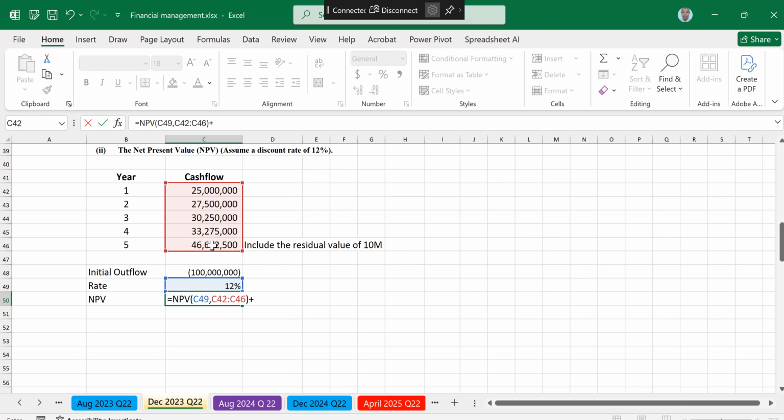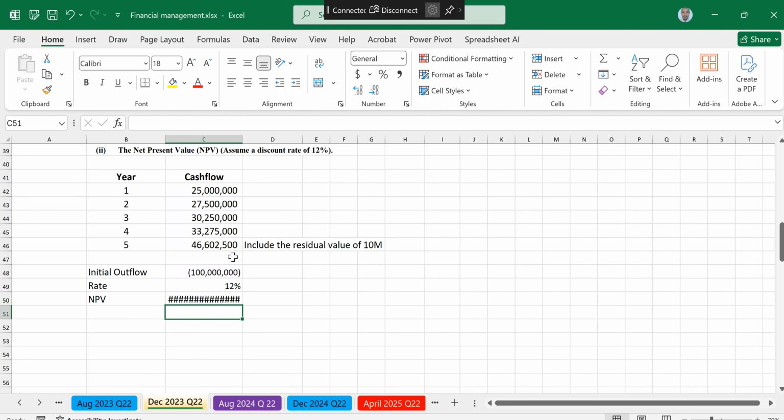Then, because this is a negative, you simply add here the 100 million, which is the outflow. Then you get your answer. The NPV returns a long figure: 13,365,986.80 as our NPV. If you have a different one, you say.